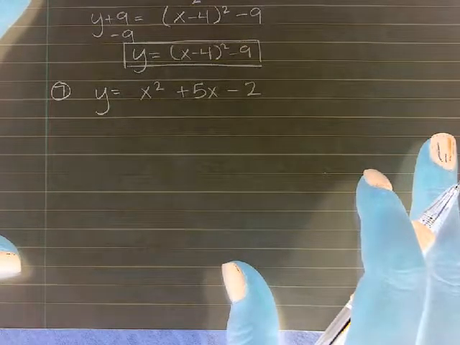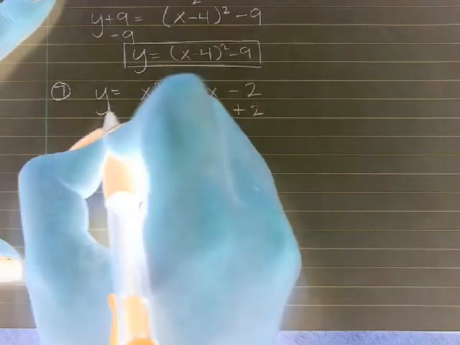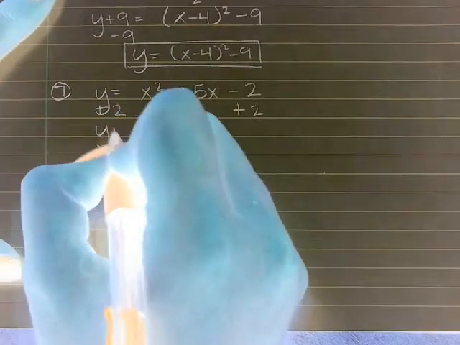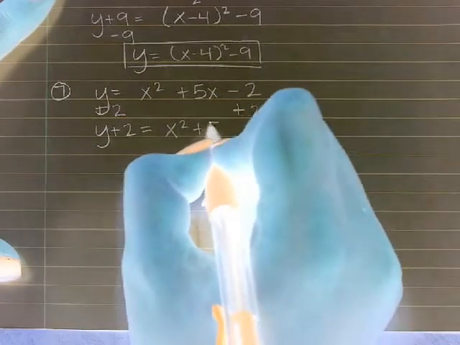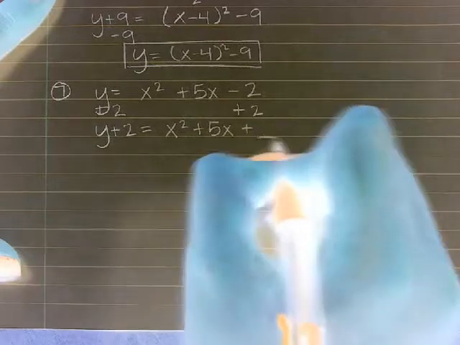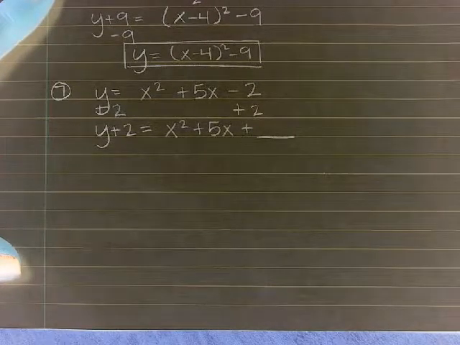Okay, so first you add 2 to the other side. Y plus 2 equals x squared plus 5x. Then you divide the 5x by 2, and you get 2.5, and you square that. You get 6.25, and so you get x squared plus 5x plus 6.25.